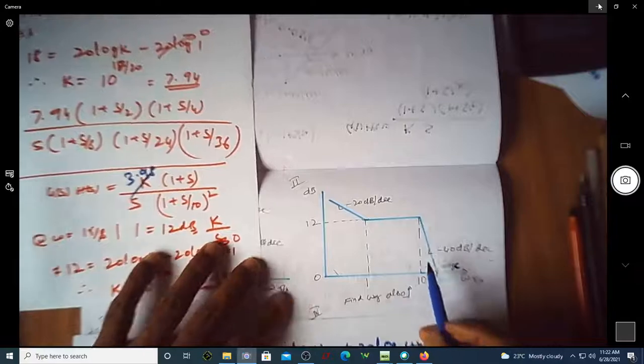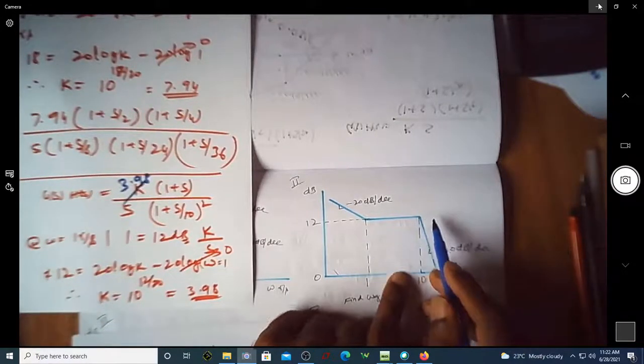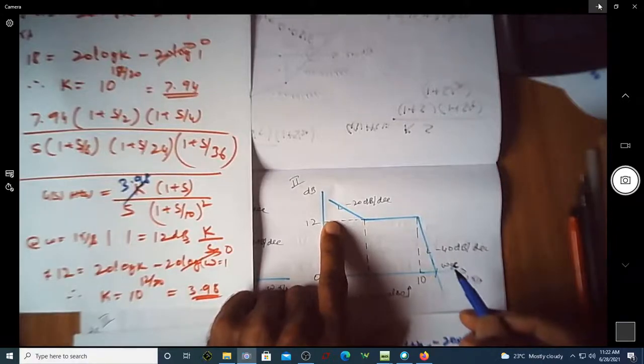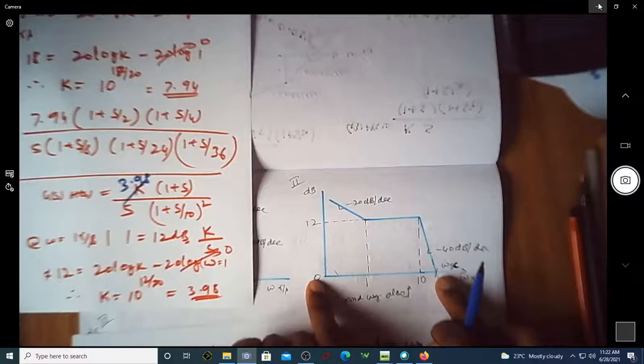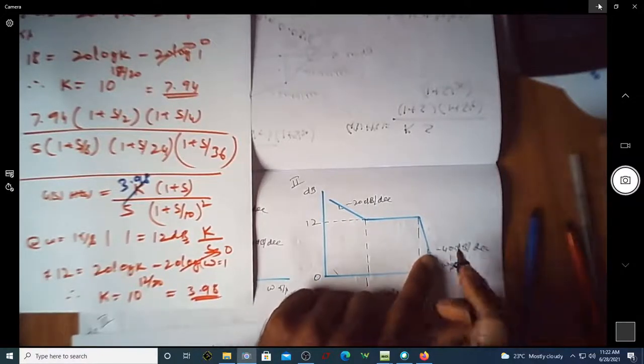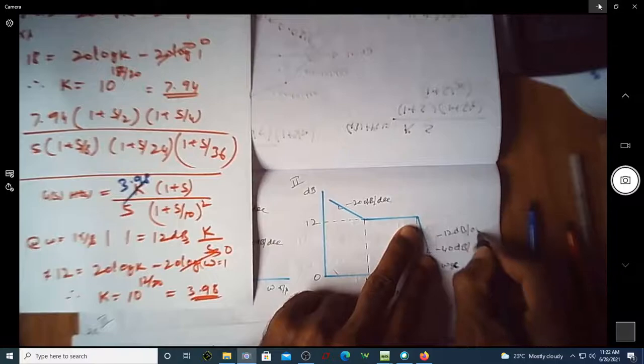Otherwise, if you can clearly see here, this is at 12 dB, and over here it is 0 dB magnitude. We know that this slope is minus 40 dB per decade, or I can write it as minus 12 dB per octave.